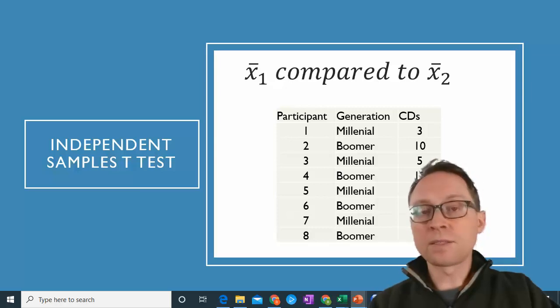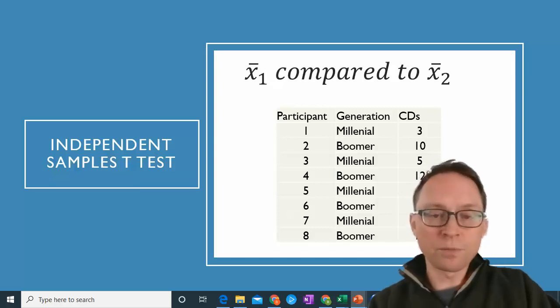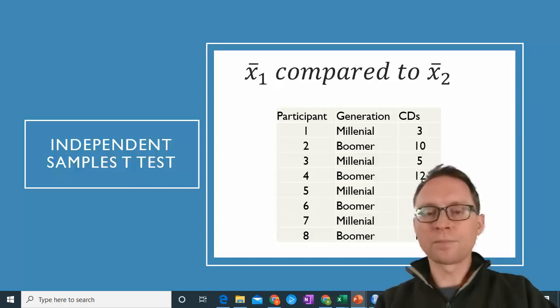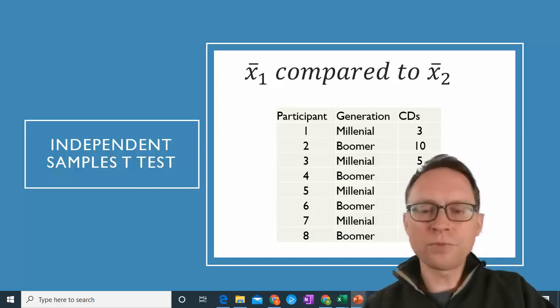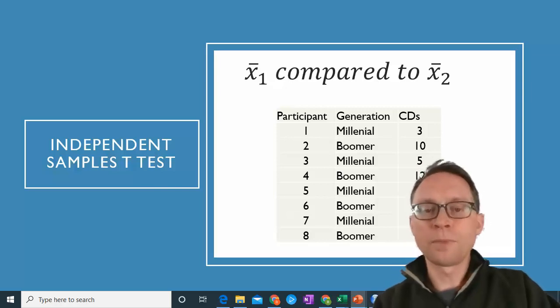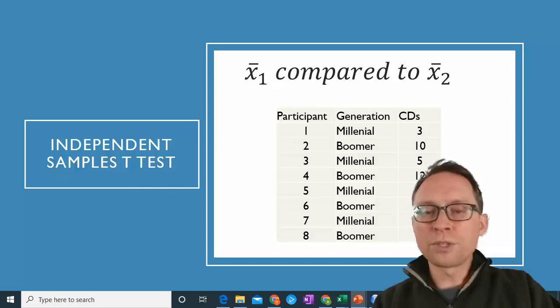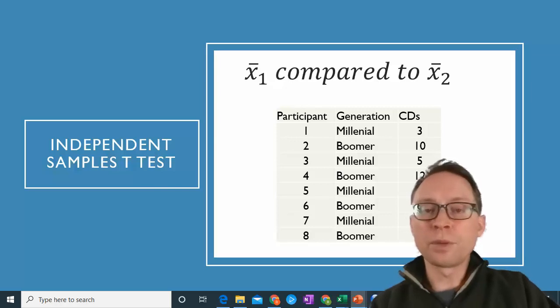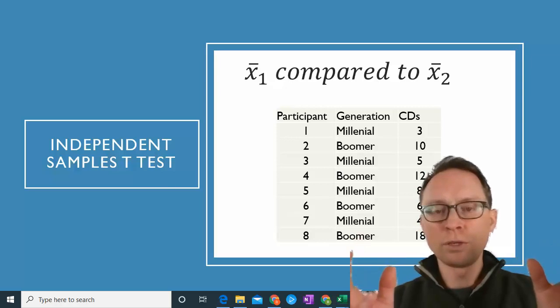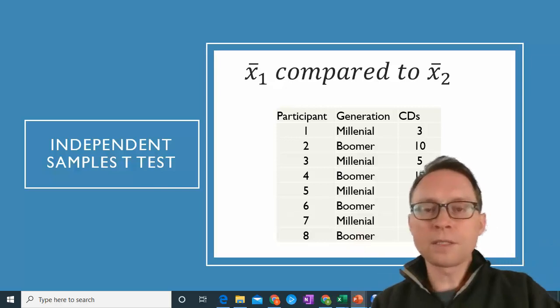So I think that the generation you're from is going to affect the number of CDs, right? So let's keep it two-tailed, okay? Two-tailed with alpha equals 0.05. And I've got millennials versus boomers. So what you're trying to do is see, is there a significant difference between the number of CDs that millennials own compared to the number of CDs that boomers own? Go ahead and calculate the t.